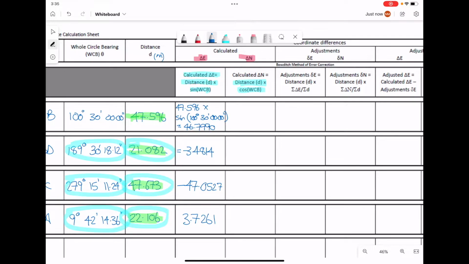So for the first cell, we would use the same corresponding distance, in this case 47.596, and that will be multiplied by the cos of the whole circle bearing, which in this case is 100 degrees, 30 minutes and 0 seconds. That will give us a value of minus 8.6737.